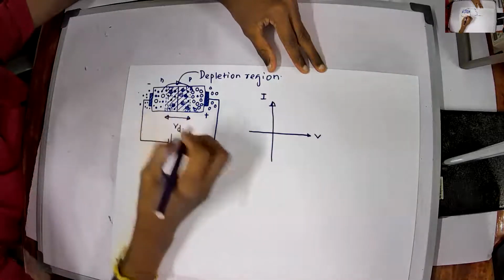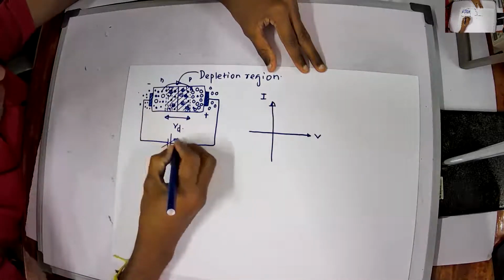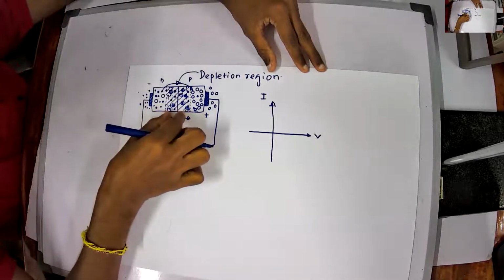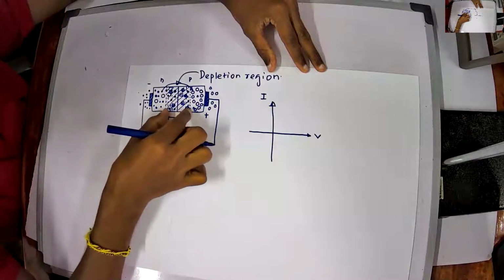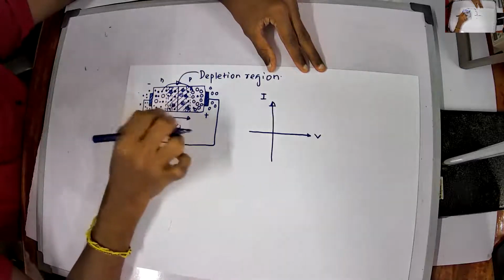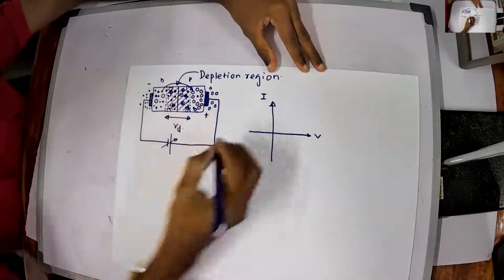First, as I said, when I am increasing from 0, the depletion region will get smaller and smaller, which means that while the depletion region is getting smaller, there will not be any current, or the current will be very small, right?